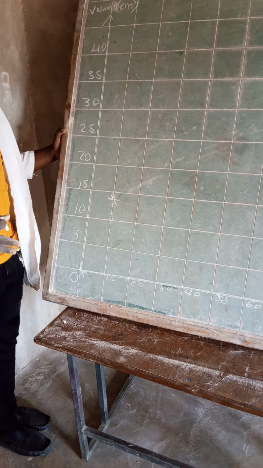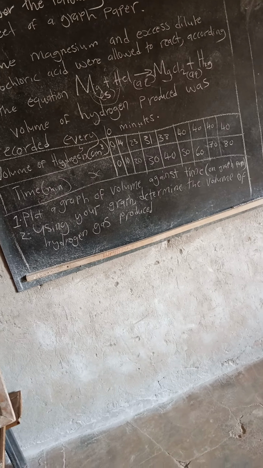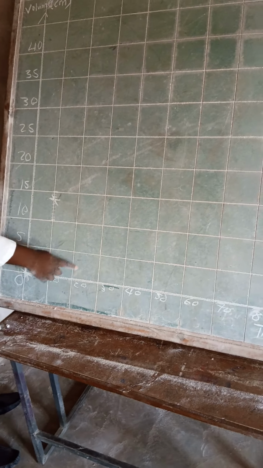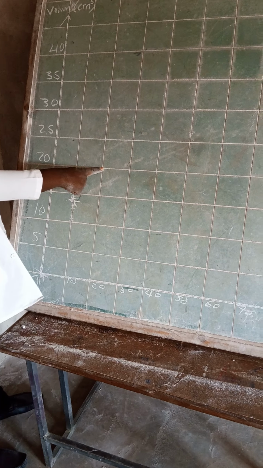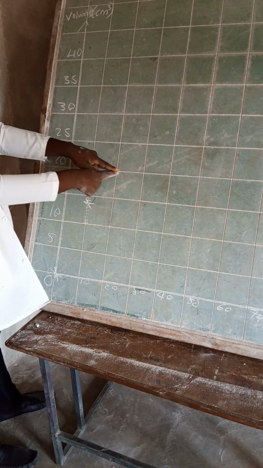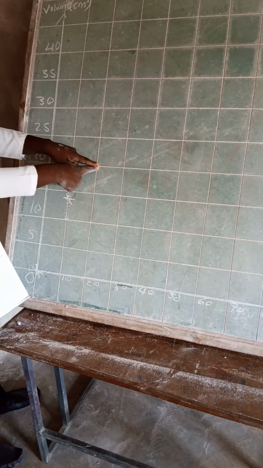Then let's go to the next point. It is 20, what? 23. So this is where 20, 23 is. So you come here. Again, on your graph paper, we said that each box is representing how much? 0.5.